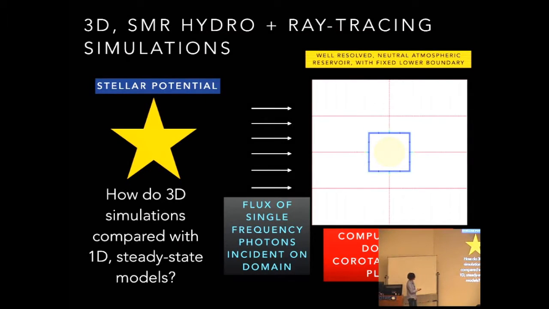Okay, so this is the box that's co-rotating with the planet, and then we introduce single frequency photons on one side of the domain coming from the star, and we only do transport in one dimension, so this sort of leaves out a little bit of the spreading that you might expect in reality, but it's a reasonably good approximation because the planets are relatively close to their host star.